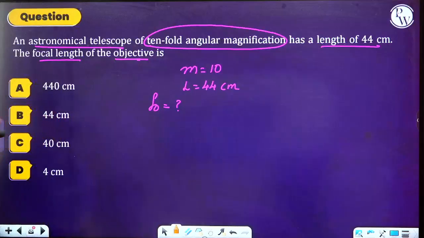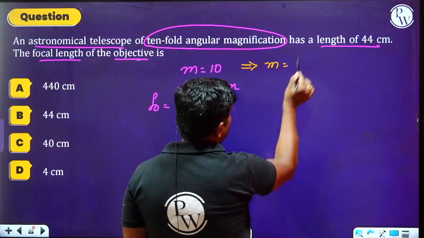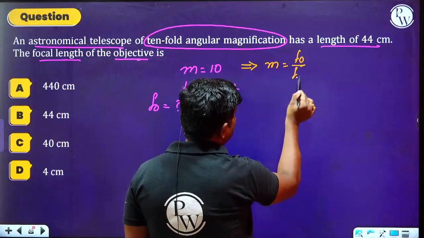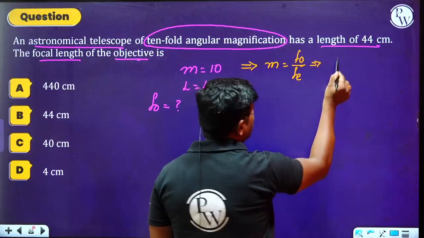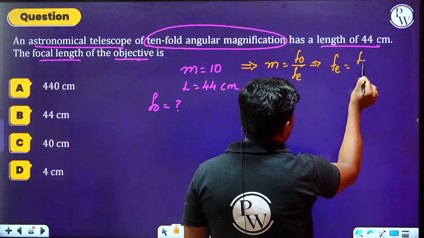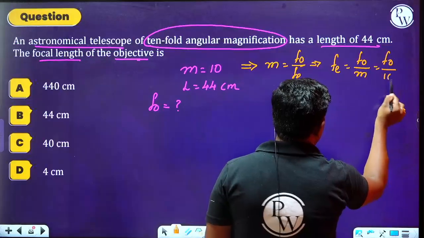So how can we do this problem here? L is given to you, magnification is also given to you. We know M is equal to FO divided by FE. Therefore, FE is equal to FO divided by M, so FO divided by 10.